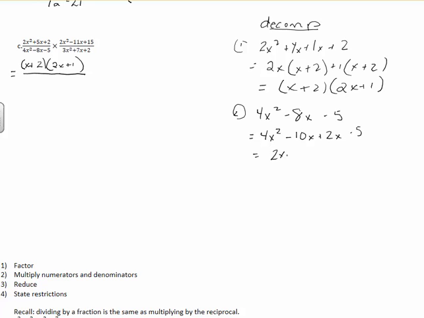Factor by grouping. And then you can see here that our denominator is going to be 2x minus 5, 2x plus 1. There's always a 1 there, even if it is not shown.